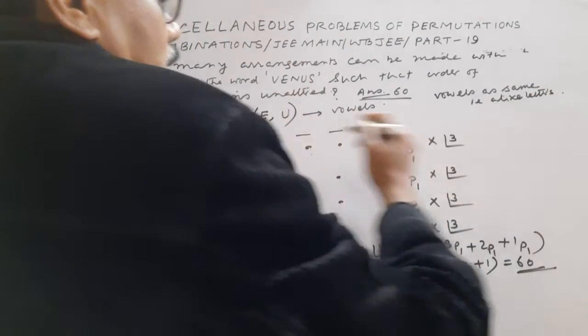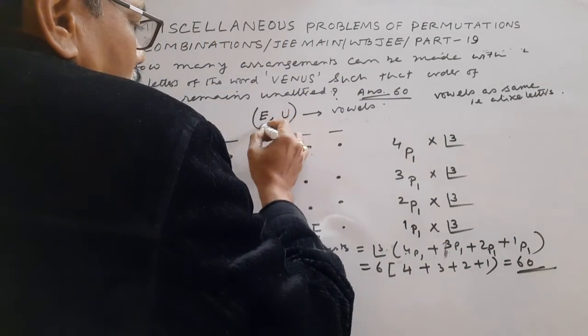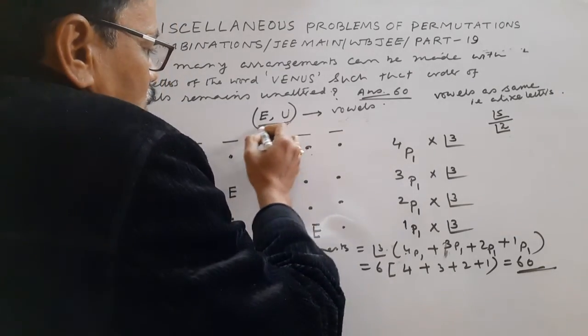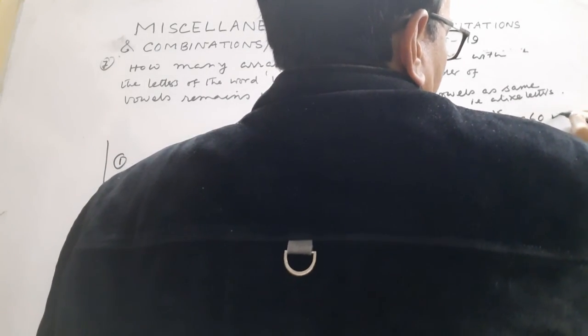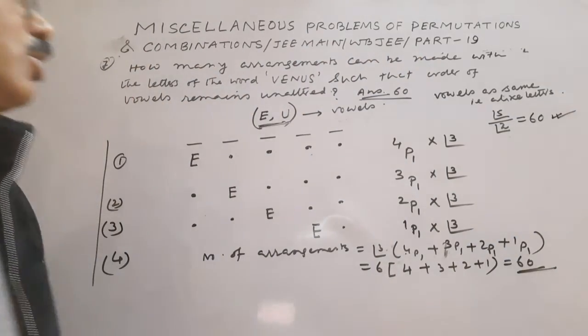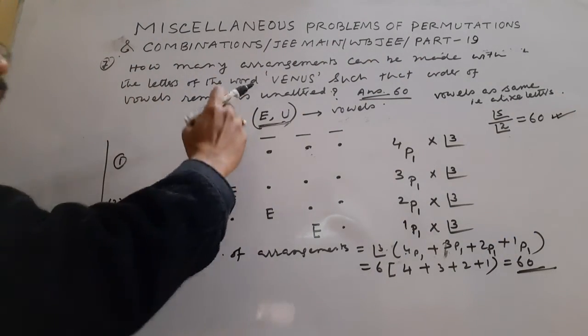So out of 5, 2 are alike because E and E we have considered as alike. So the number of arrangements is factorial 5 by factorial 2. We consider these 2 as alike. So what is the case? 60 cases. So this one is the shortcut method.